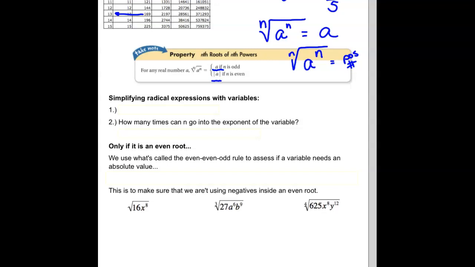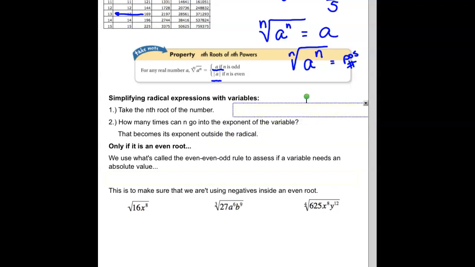All right, so when you are simplifying radical expressions with a variable, we take the nth root of the number, which is what we've just been doing, and then we look at how many times n can go into the exponent of the variable.